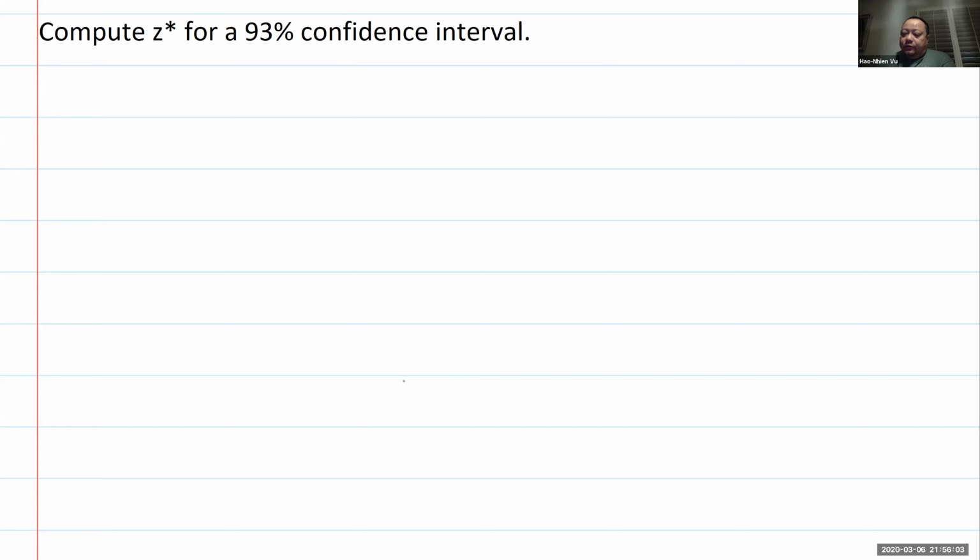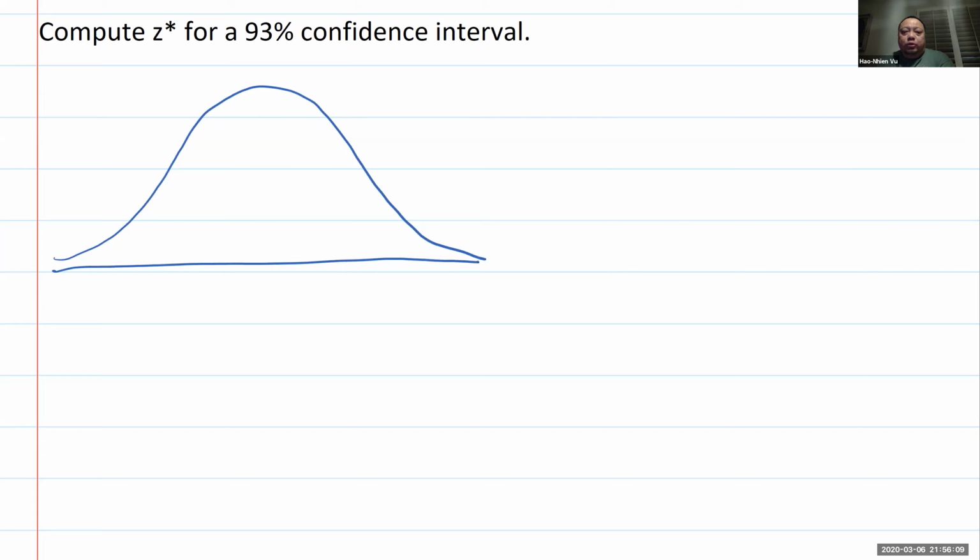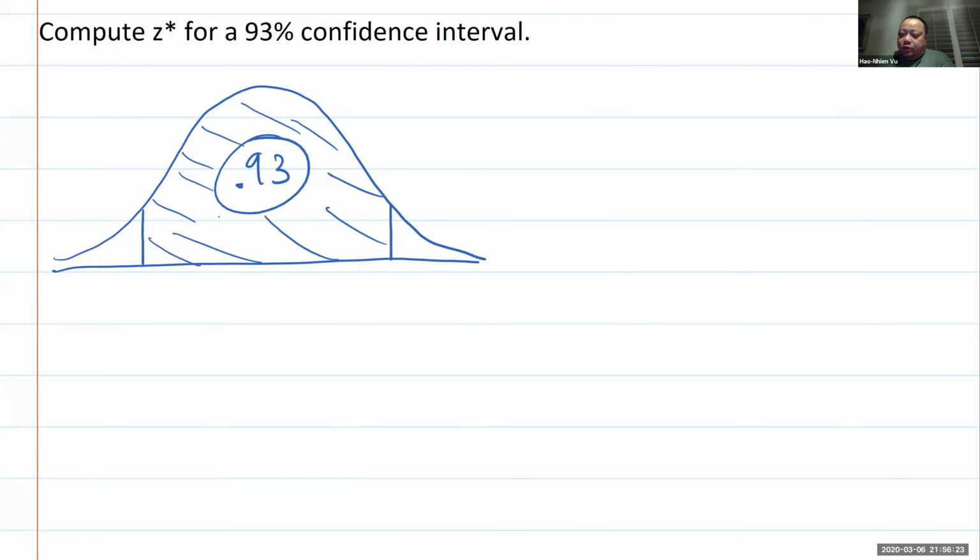All right, so for a confidence interval, the representation on a normal distribution is like this, with the confidence level being an area in the center of the standard normal curve.